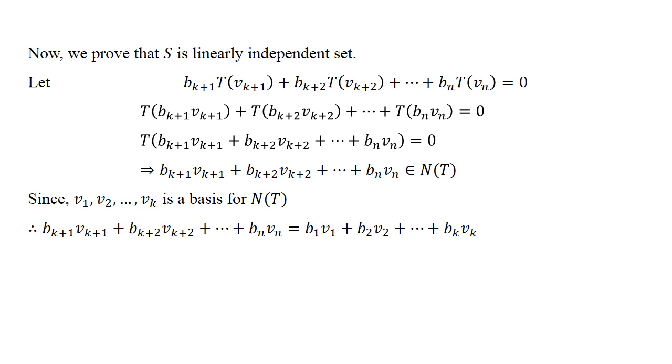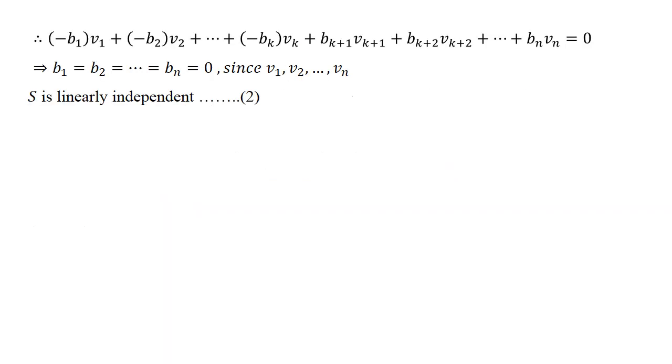Since v1, v2, etc., vk is a basis for the null space of T, we can write that element in terms of the existing basis as a1 v1 + a2 v2 + etc. + ak vk. From this we rewrite it as minus a1 v1 minus a2 v2 minus etc. minus ak vk plus bk+1 vk+1 plus etc. bn vn equal to 0.